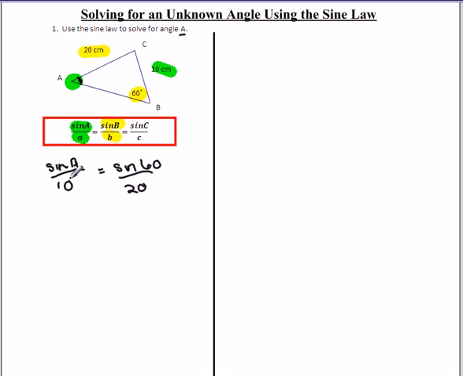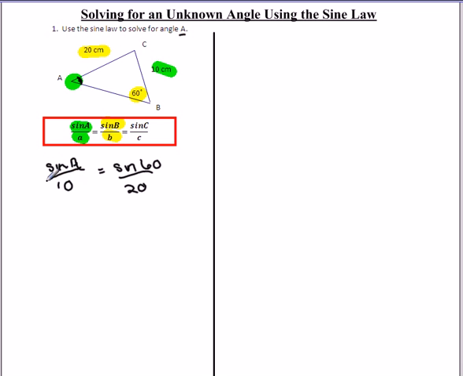Next, we know that we're looking for sine of A, so we're looking for this angle A here. So to solve for that, we need it on one side of our equation by itself. So since it's being divided by 10, we need to get rid of this 10 here. Because it's division, we need to do the opposite operation, and the opposite operation to division is multiplication.